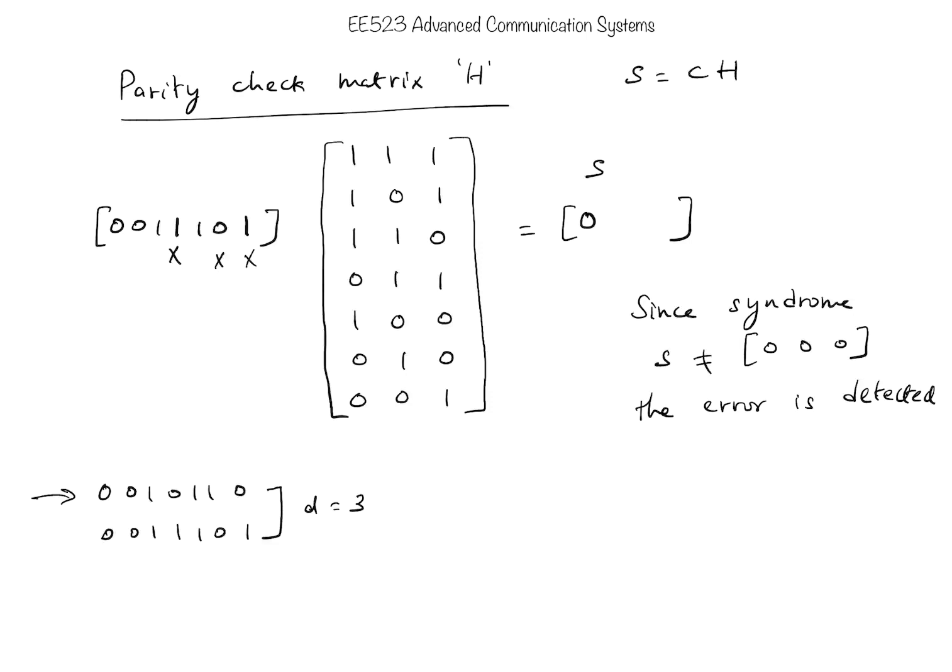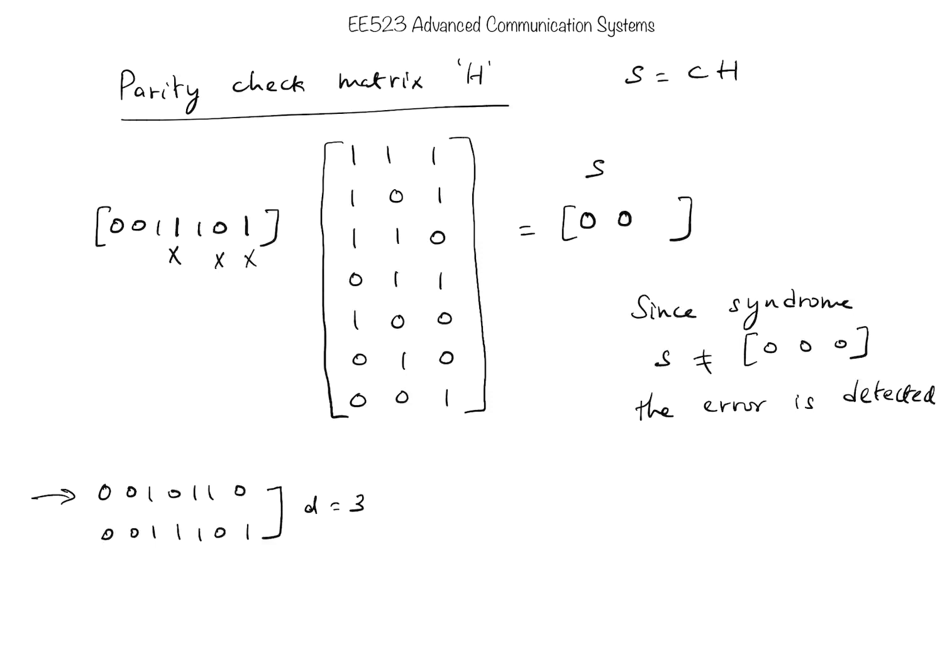Similarly, now let us do the second column of the H matrix. 0 into 1 is 0, 0 into 0 is 0, 1 into 1 is 1, 1 into 1 is another one, so that's 2, 1 into 0 is 0, 0 into 1 is 0, 1 into 0 is 0. So the total we got is 2, and 2 modulo 2 is 0.